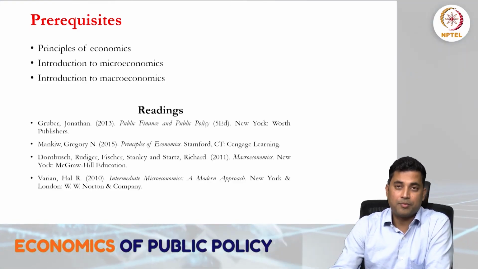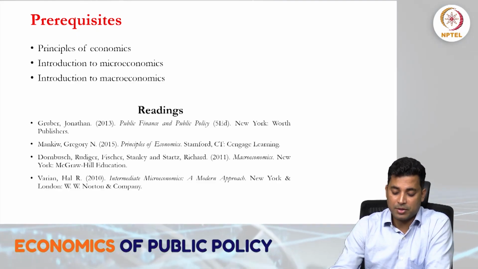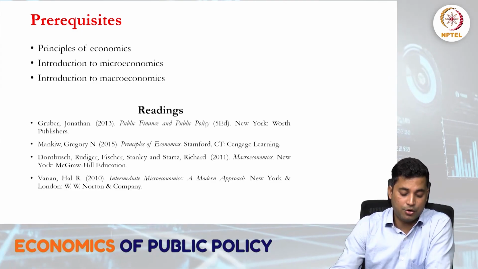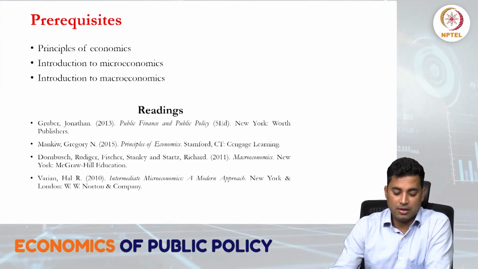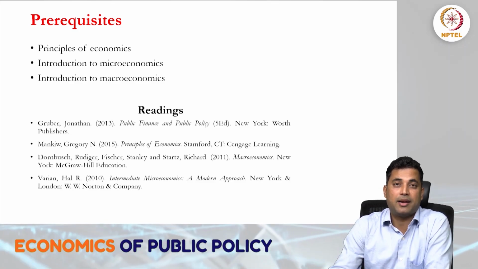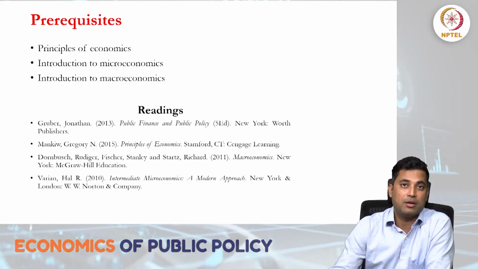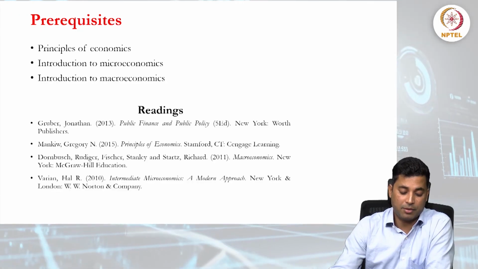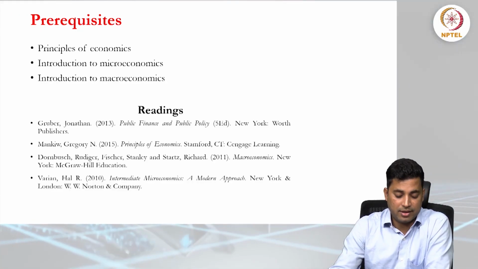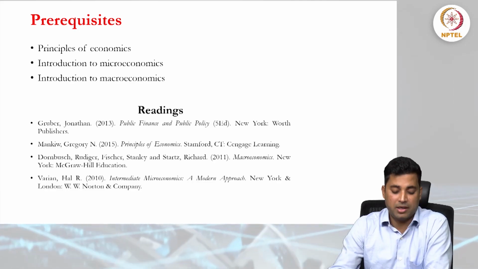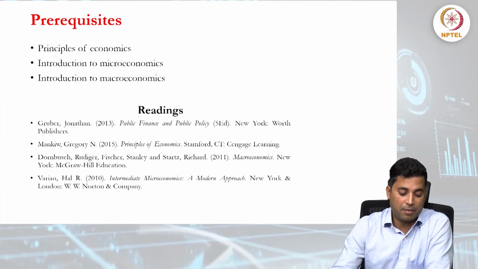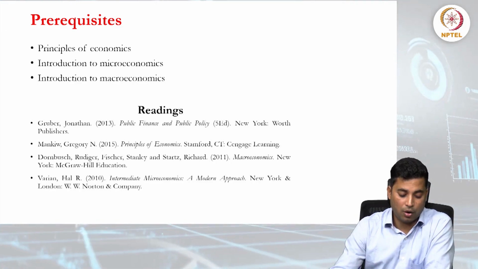And the initial few chapters from Macroeconomics by Dornbusch, Fischer and Startz will be helpful for understanding macroeconomic theory and tools for public policy. I also recommend that students study intermediate microeconomics; the initial few chapters will be helpful, but the whole is optional.